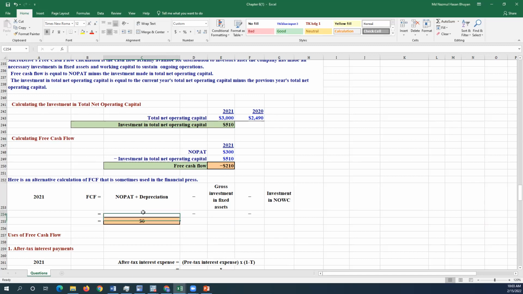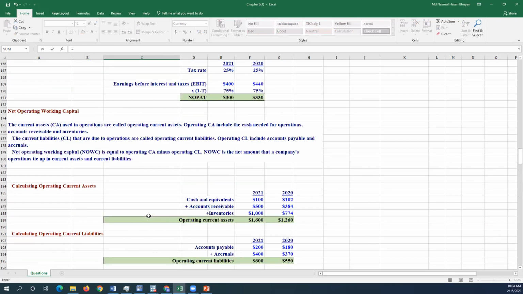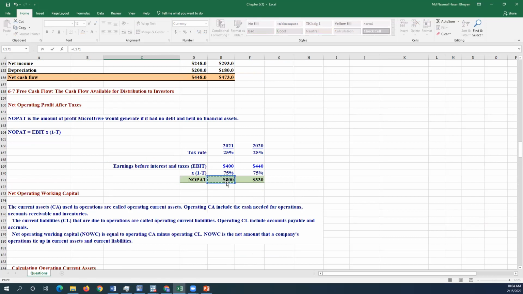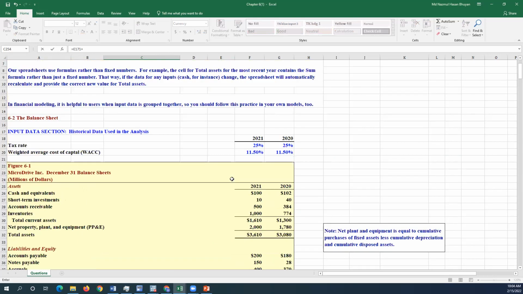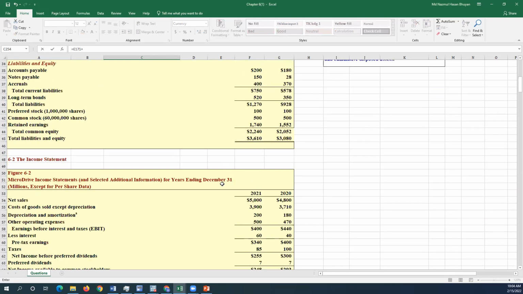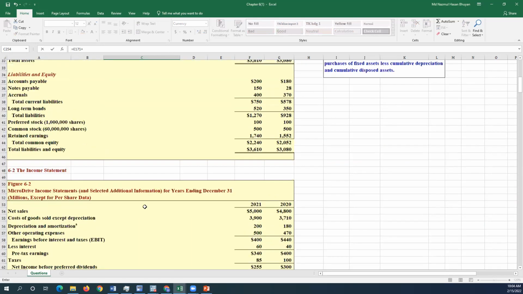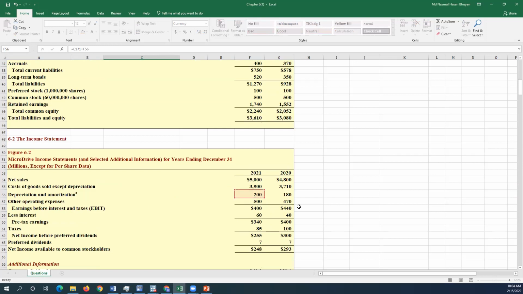Okay, so now let us see. Our NOPAT here is $300, plus depreciation for the year 2021, which is 200.